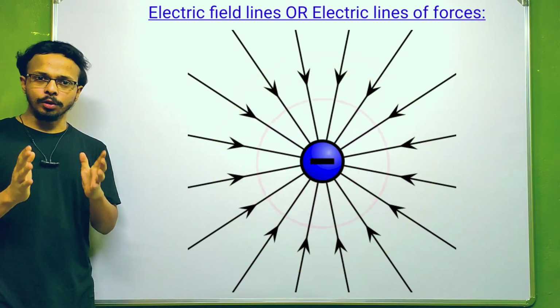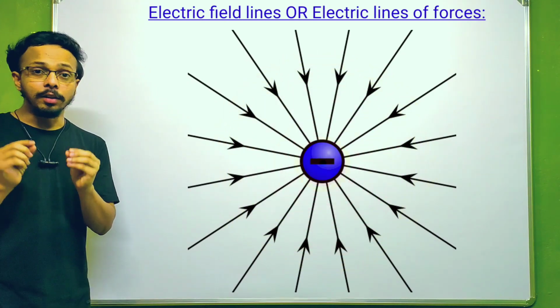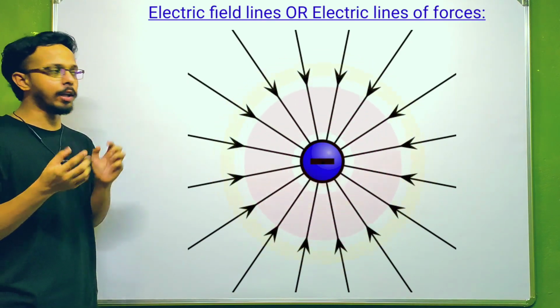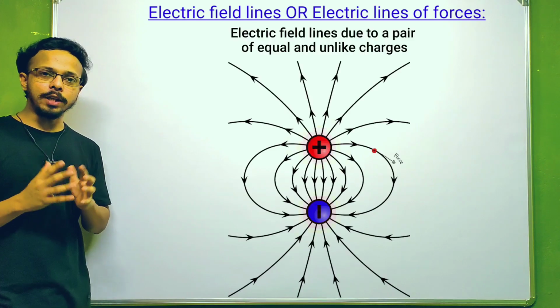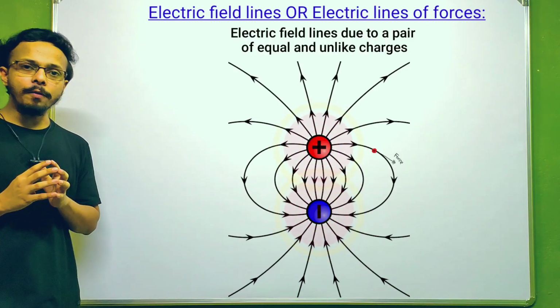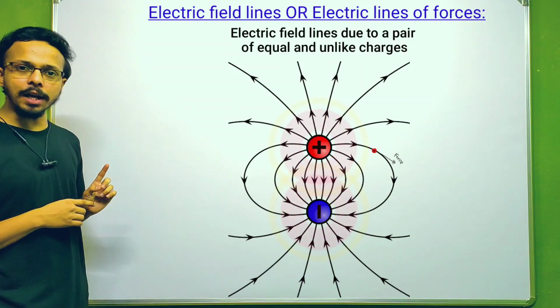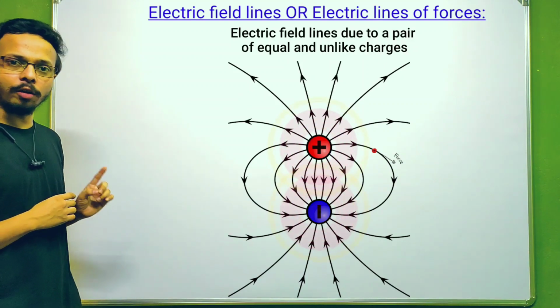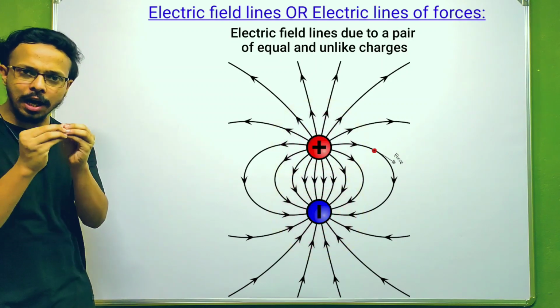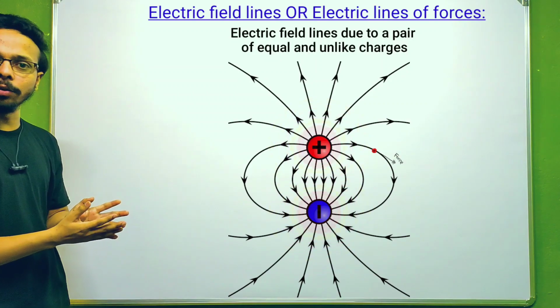Okay, so these lines indicate the path followed by the unit positive charge. Therefore it is radially inwards. And if you see the electric field lines due to the pair of equal and unlike charges, the electric field line configuration looks like this. The electric field line starts from the positive and ends at the negative.